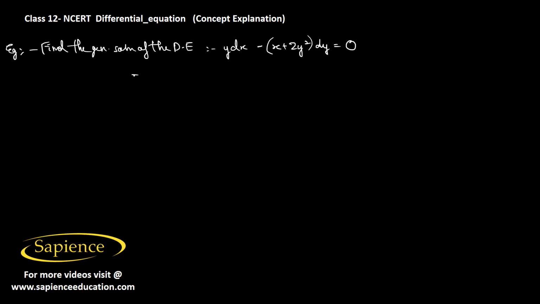If we rearrange it, then we will get dx by dy equals (x plus 2y square) divided by y. So we can write it as dx by dy minus x by y equals 2y.